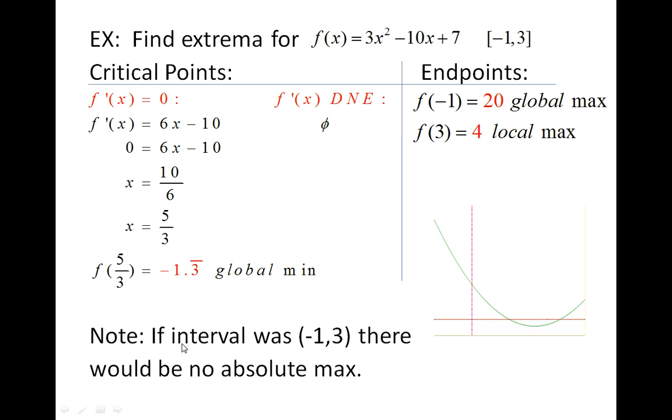Okay, I put a note here at the bottom. If it happened to have been an open interval from -1 to 3, meaning that these are parentheses, not square brackets, and the endpoints would not be included, then I would have no maximum at all, no absolute max, and also no local max, because the highest point right here would not be defined, or it's not in the interval.